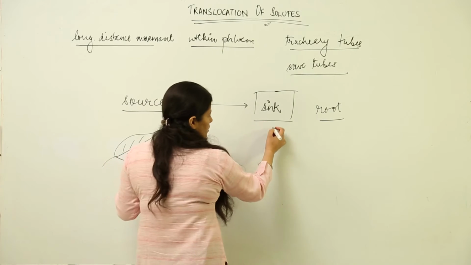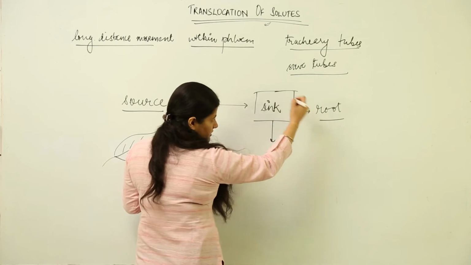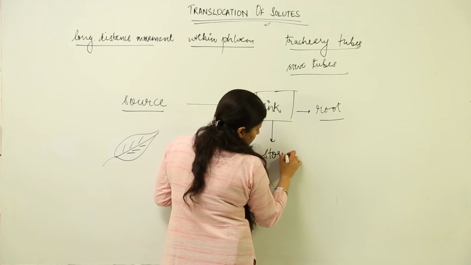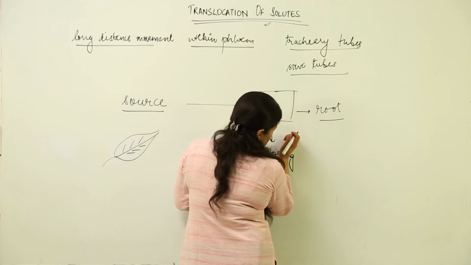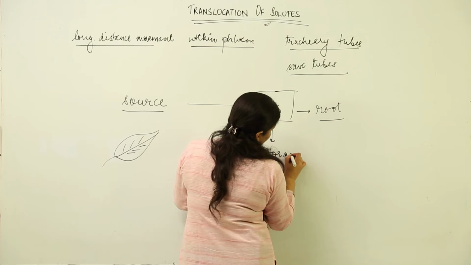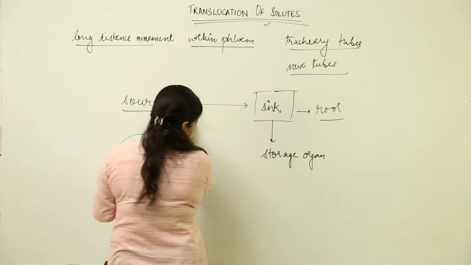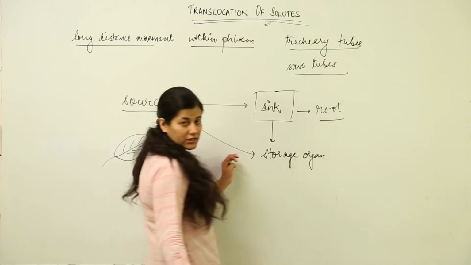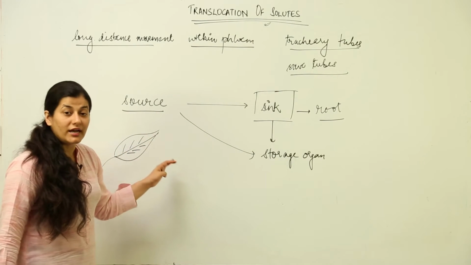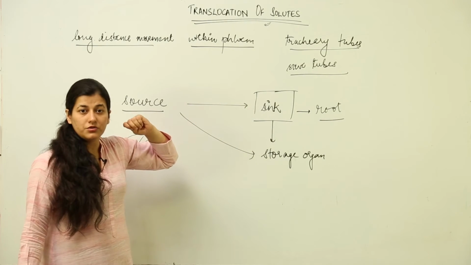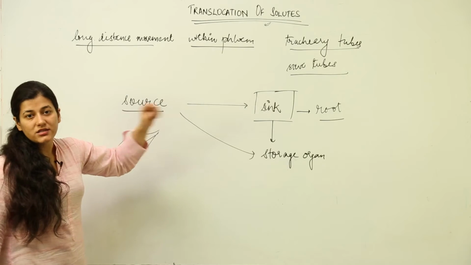The sink could be using it at that very moment, as in the matter of root, or it could be storing the food material. So there could be storage organ as well. Okay. So the source could translocate the food material that is being formed to the storage organ, or the sink which is directly going to utilize whatever is being translocated.